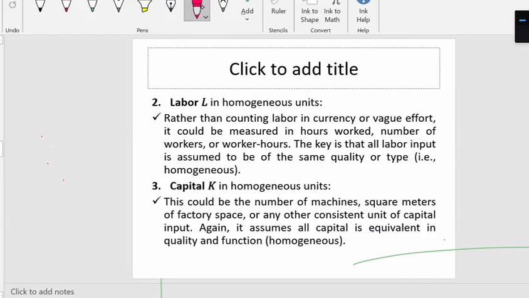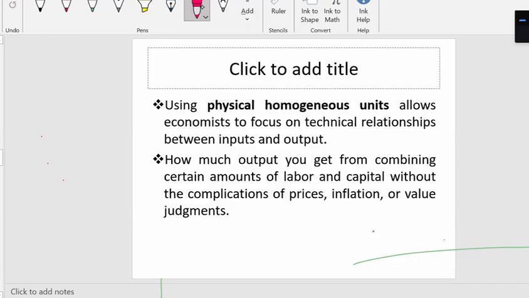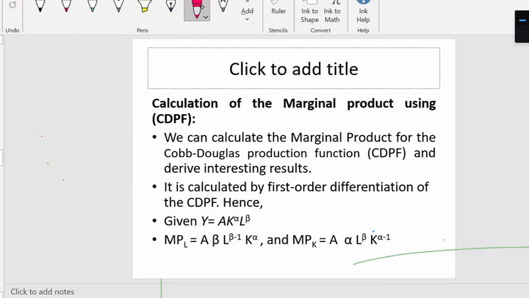Hizo ni vitu ambazo I was trying to explain. But what is necessary here is some calculations regarding marginal productivity. Marginal product using that formula. Hayo wanaita Cobb-Douglas. CDPF means Cobb-Douglas production function. So, it is calculated by first derivative or differentiation.